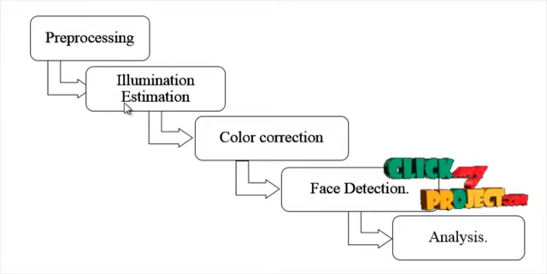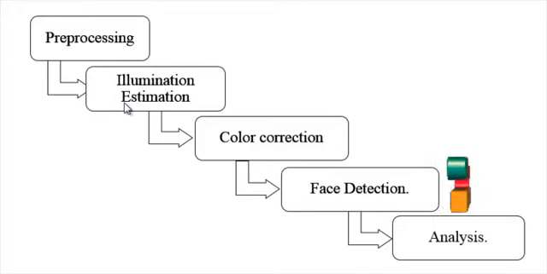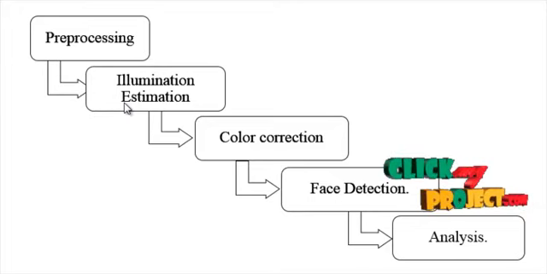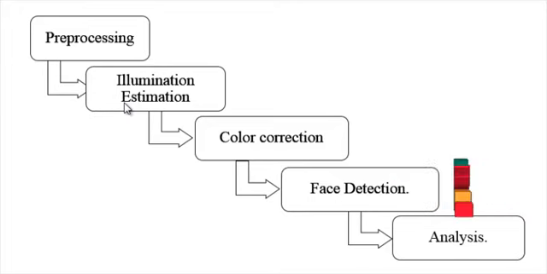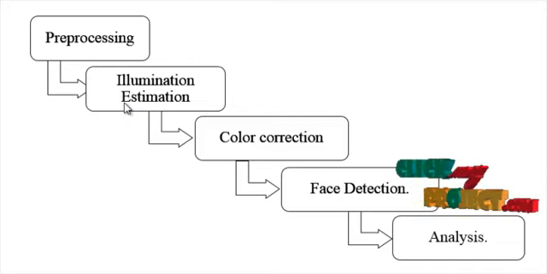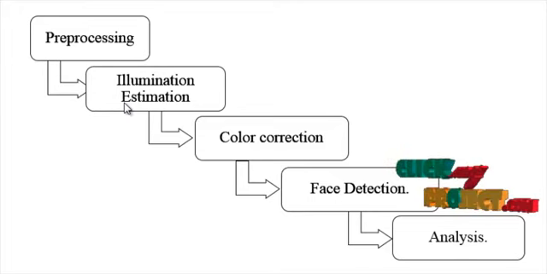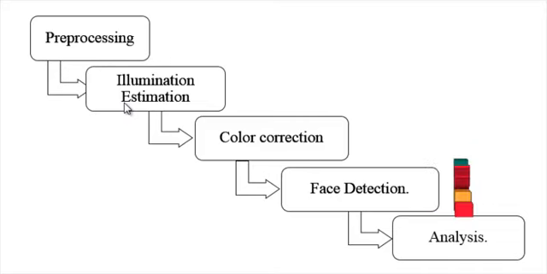The overall peak obtained in the histogram of the hue component of the input image is used as the threshold for the detection of face images in the images. Finally, the face regions are detected in the input image.